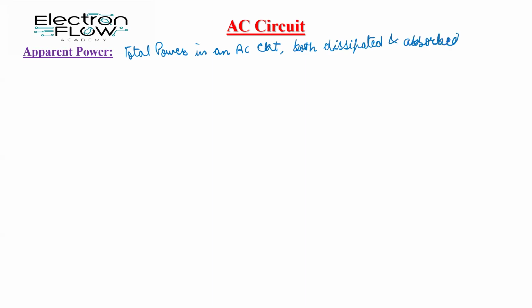The total power in an AC circuit, both dissipated and absorbed or returned, is referred to as apparent power.